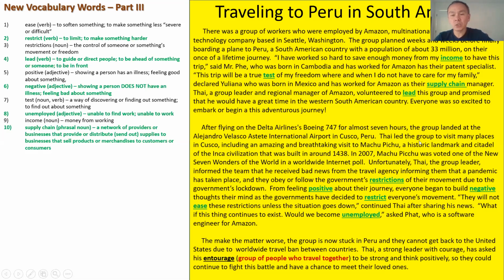Tai led the group to visit many places in Cusco, including an amazing and breathtaking visit to Machu Picchu, a historic landmark and citadel of the Inca civilization that was built around 1438. In 2007, Machu Picchu was voted one of the new 7 wonders of the world in a worldwide internet poll.